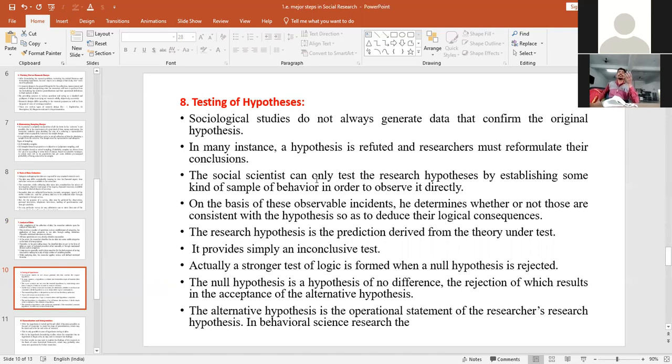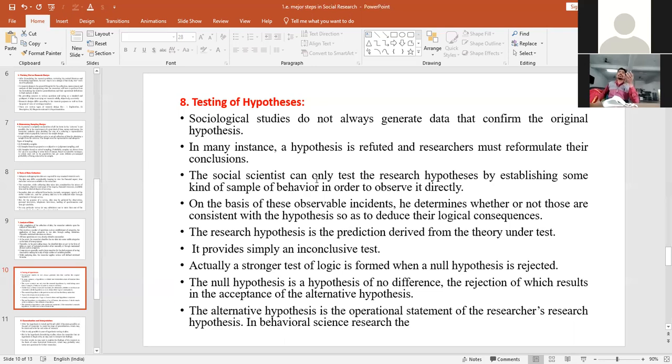Sometimes the hypothesis may be tested by the researcher and it can be a positive hypothesis or it can be a null hypothesis. And here the testing of hypothesis is very mandatory to the social sciences.